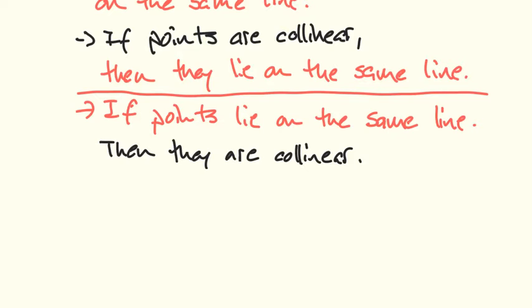By the way, just think about this. This allows you to conclude that if I give you points that are on the same line, they're collinear. Or if I give you points and tell you that they're collinear, then you can conclude that they lie on the same line. The definition, again, like before, links this term collinear with this fact about the points.